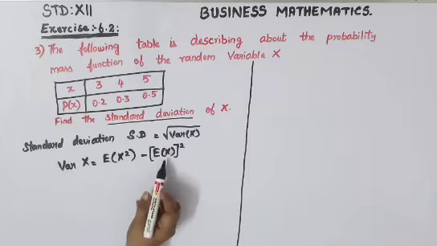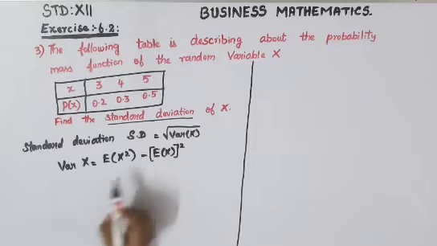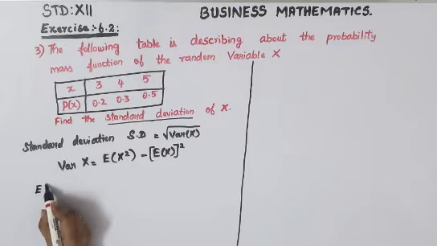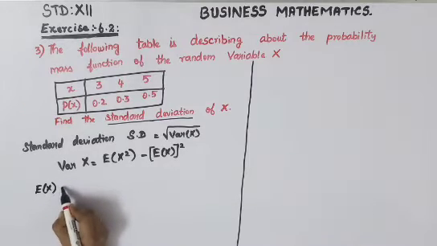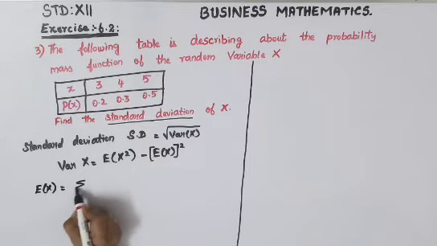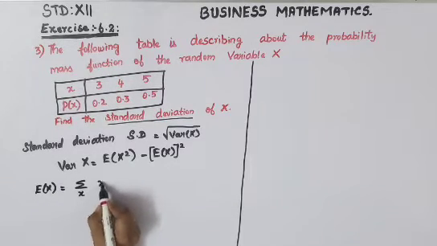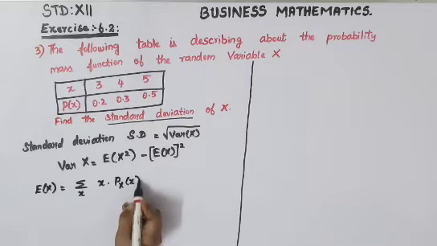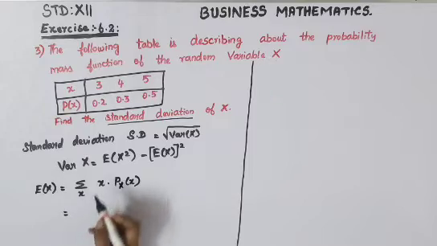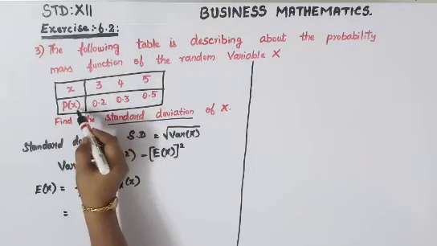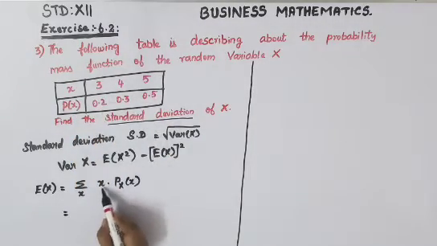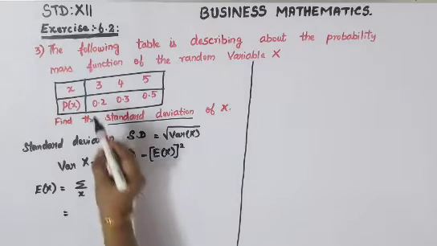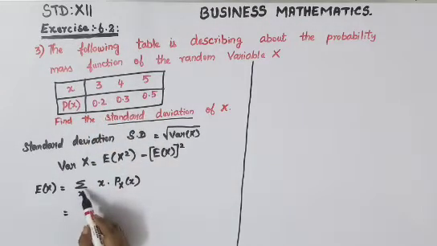So first we will go for E of x. E of x is nothing but your expected value, that is equal to sigma x into Px of x. Here they have given you x and P of x, so just multiply them. Sigma means you will have to add.